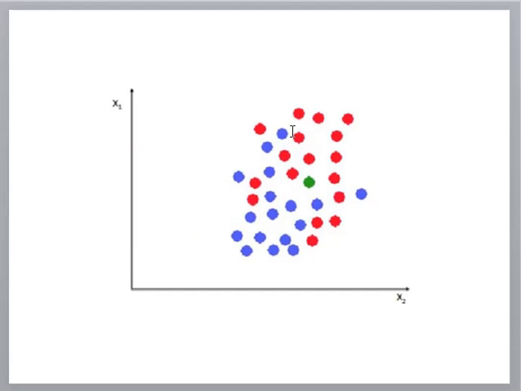So here is a graph. Let's see an example. We have two different groups or sets of data, one represented in red and the other in blue. We have an unknown instance in the middle, represented in green, and we calculate the distance of this green dot, the unknown instance, to its neighboring instances.